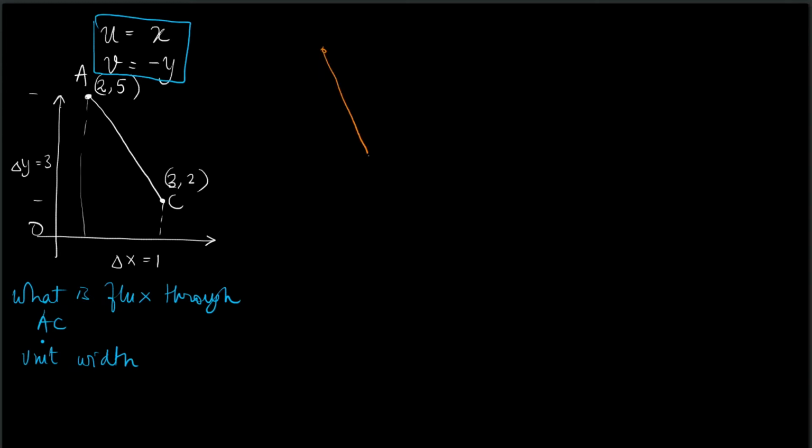We can find out the equation of this line, we can find out the corresponding equation of the normal. Say the normal is n, and because it's a straight line, the direction of the normal is not going to change.